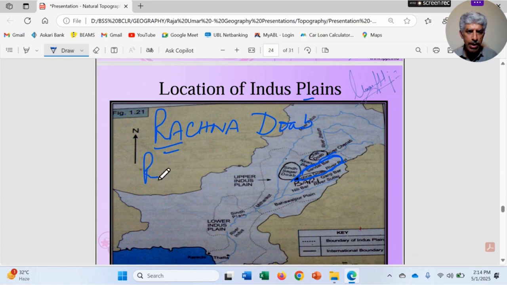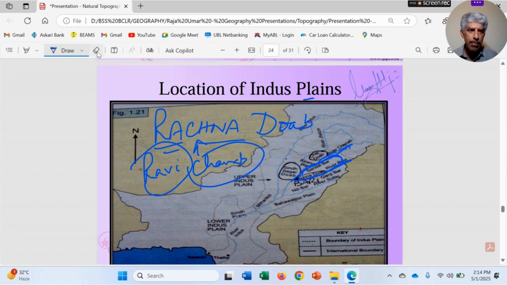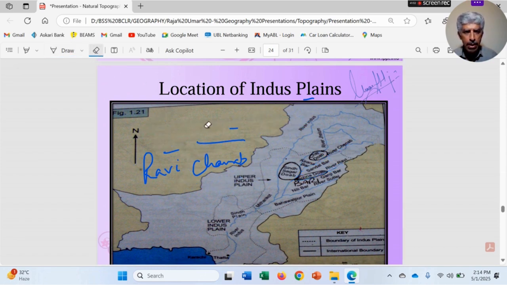Ra for Ravi, Chna for Chenab. So between river Ravi and river Chenab, we have Rachna Doab, and you can see over here that between river Chenab and river Ravi, we have the Rachna Doab. First, let me explain the names of the Doabs, then I will talk about the bar uplands and the alluvial terraces of the same region.